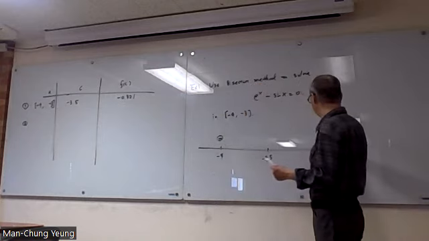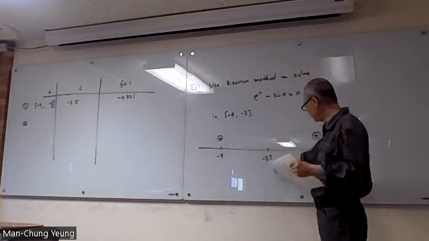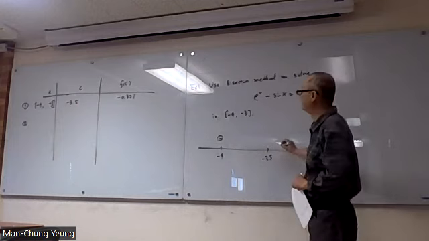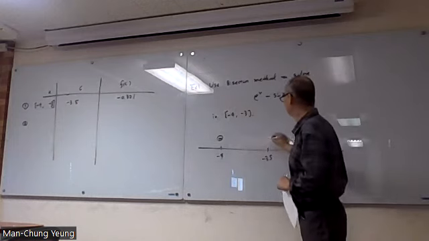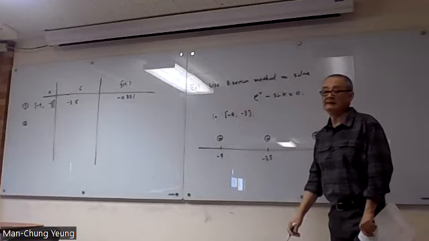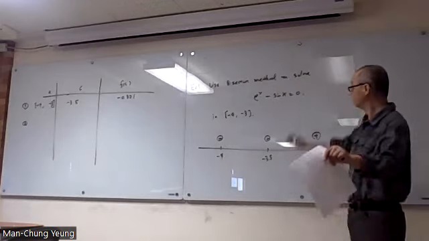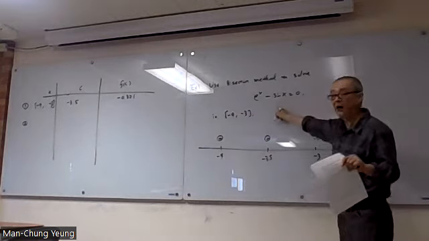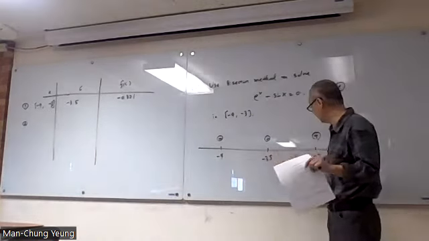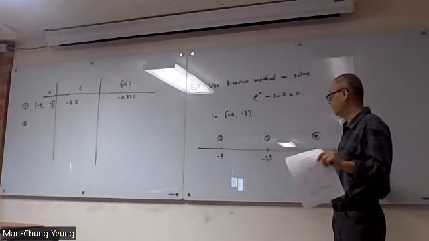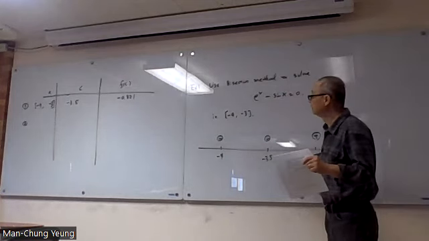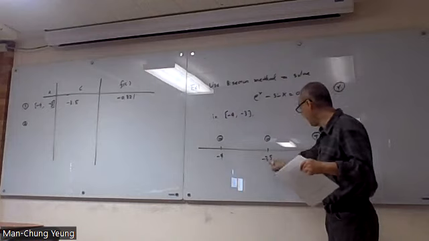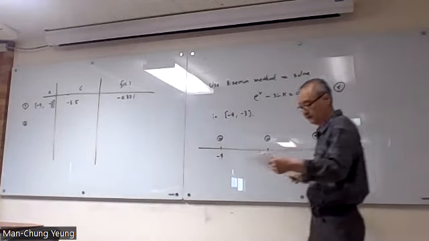Function value at 3 is positive. Then the function value at the midpoint is negative. So the root of this equation is in this interval. So in step 2, cut this interval in half.